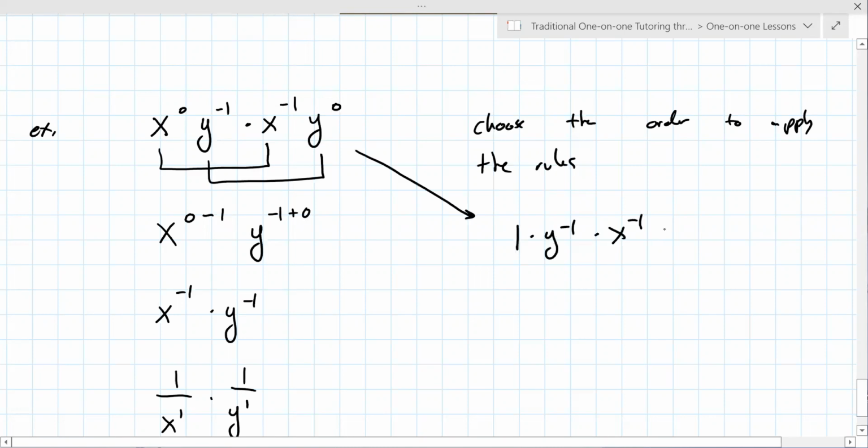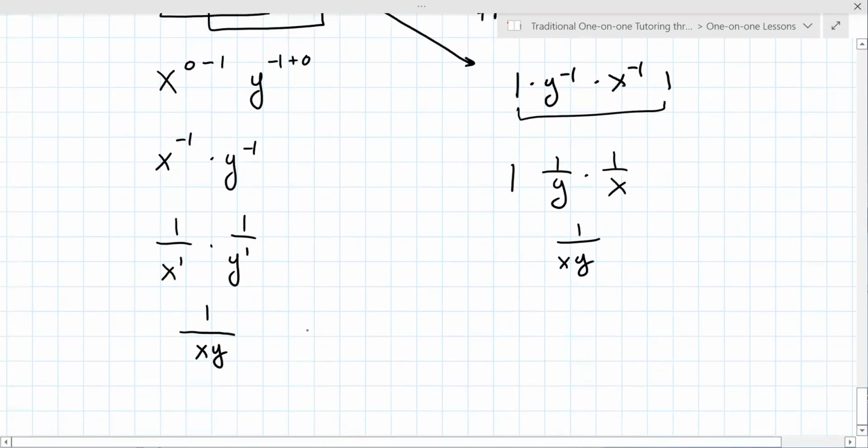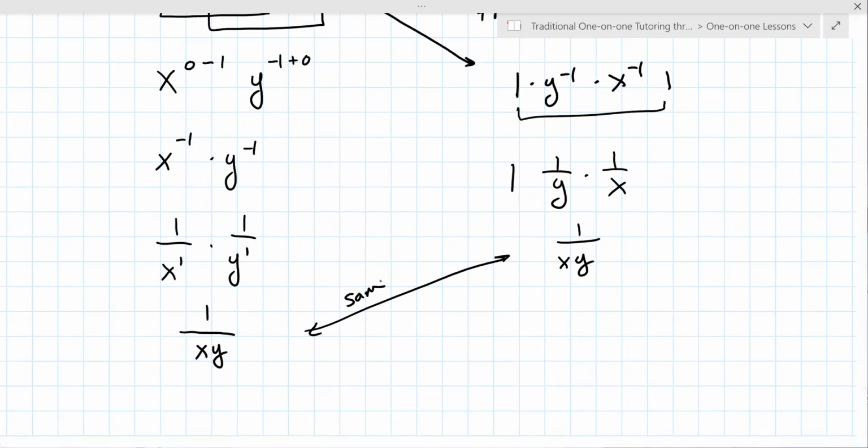And y to the 0 is 1. 1 times 1 is 1. You've got 1 over y times 1 over x. So it becomes 1 over x times y. So you end up getting the same result. You as the math student have to decide which order do you want to apply them in? What makes sense to you? Is that okay? Clear? Yeah.